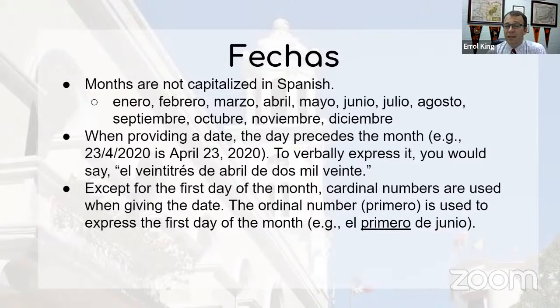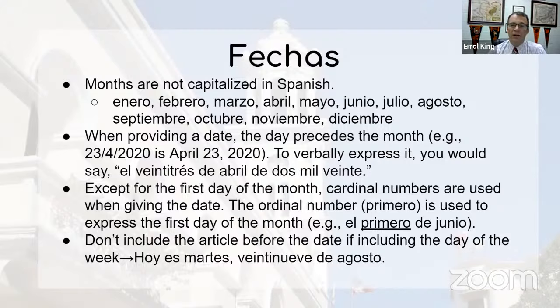Except for the first day of the month, cardinal numbers, like 2, 3, 4, are used when giving dates. The ordinal number, like first, primero, is used to express the first day of the month, like el primero de junio. In English, we're accustomed to saying May 12th. Well, in Spanish, that would be el 12 de mayo.